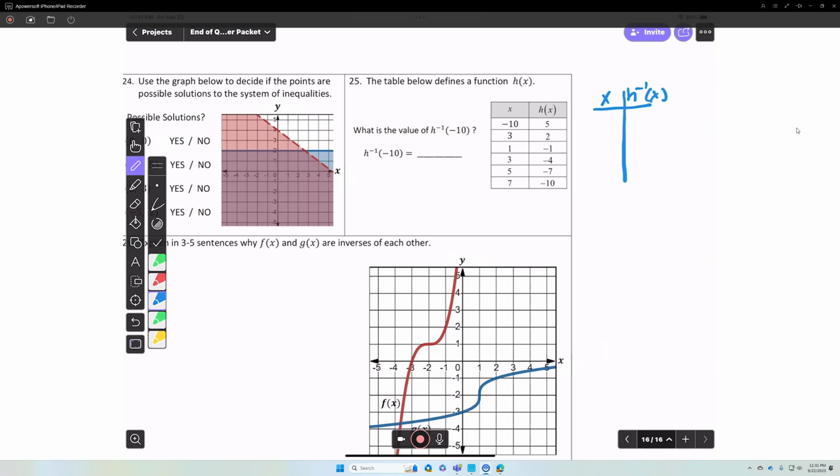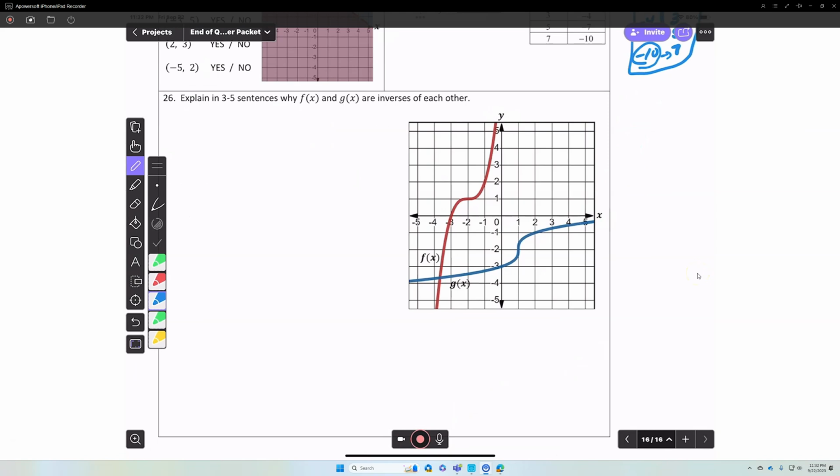So what I have to do with the x and the y, you just have to switch. So it's 5, -10, 2, -1, -4, 3, -7, 5, -10, 7. So now, what is the inverse of -10? Well, it's 7. Just by looking at this table.